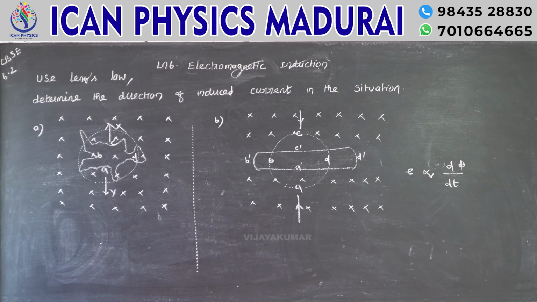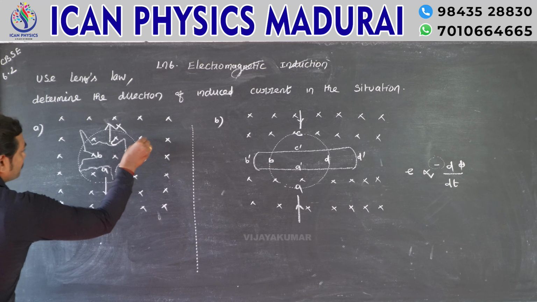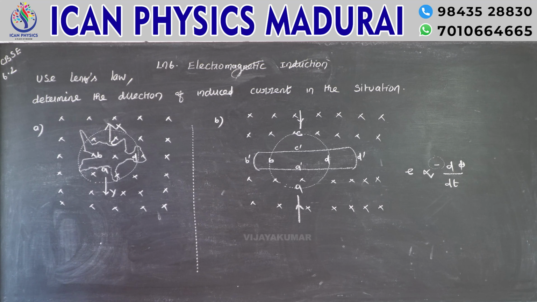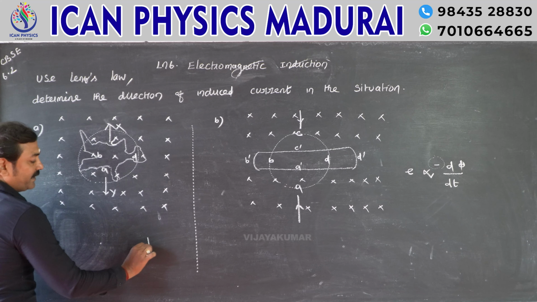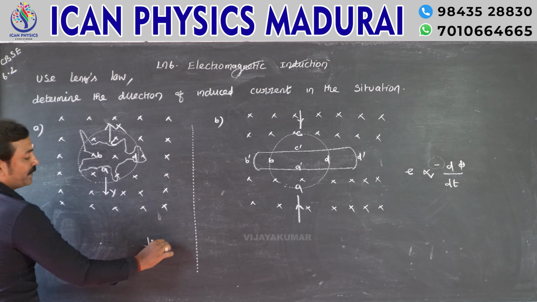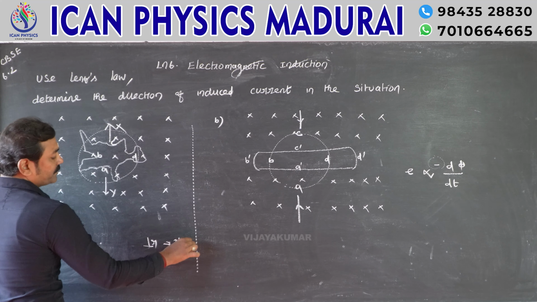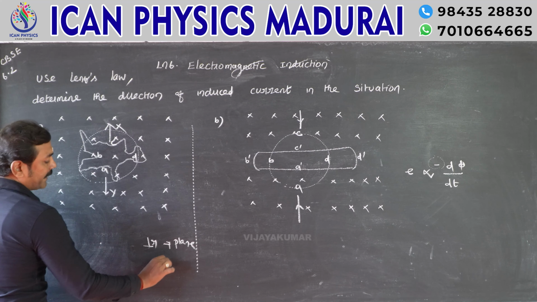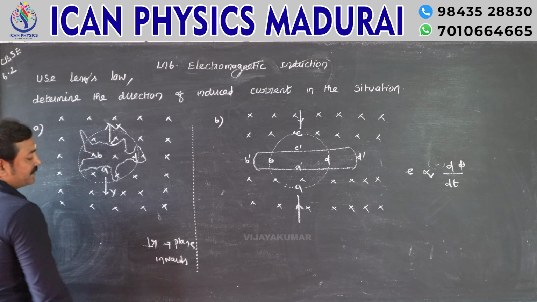This is the first thing. Second, what do the cross marks indicate? The cross marks indicate that the magnetic field is acting perpendicular to the plane, and also acting inwards.